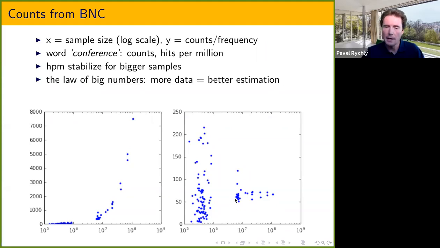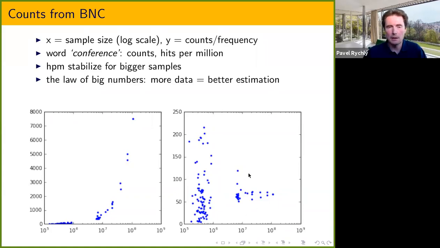And for bigger samples, when we start from say 5 or 6 million, the variance is much smaller, and when we use bigger samples, tens of millions, almost 100 million, the number of hits per million is stabilized around 60 or something like that.